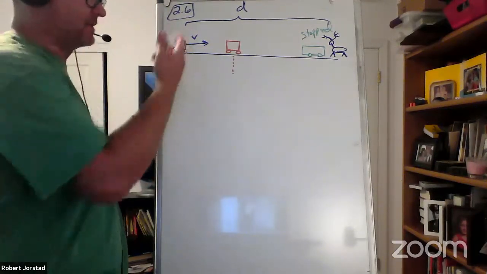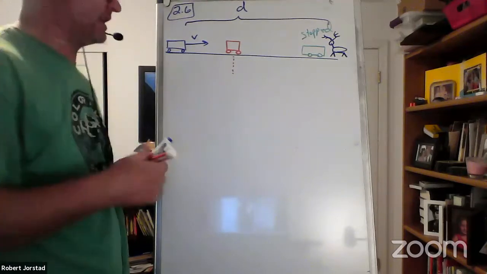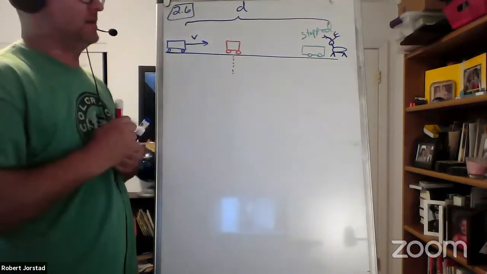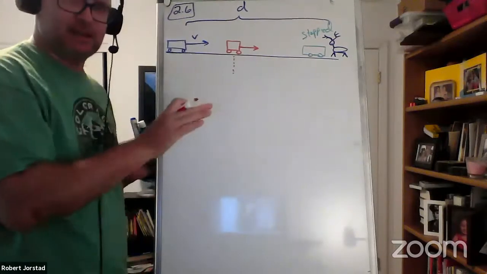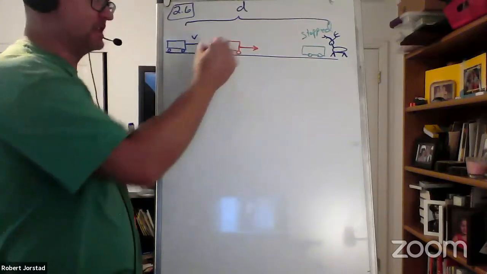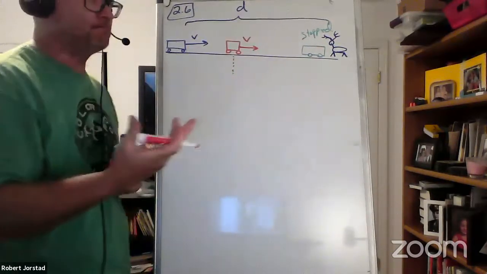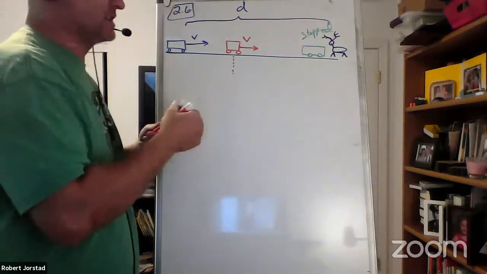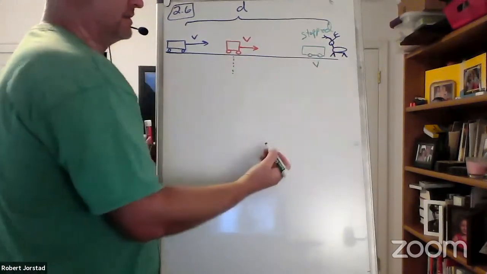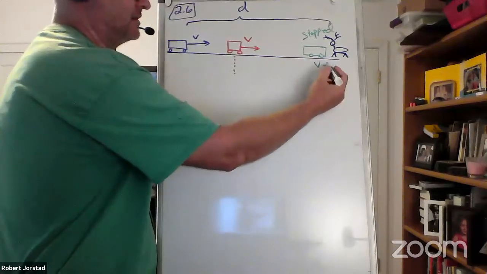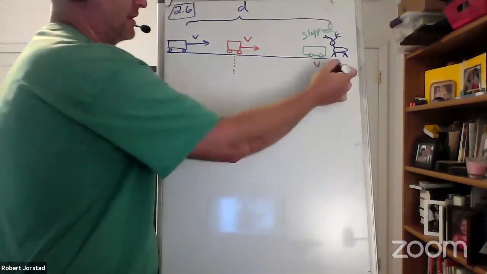In terms of the letter V, is it bigger than V, less than V, or equal to V? V, exactly. So they haven't had much time to brake yet. So the second they first touch the pedal, shouldn't they still be going exactly the same rate? And then what's the velocity over here at the end? Zero, because you're stopped.